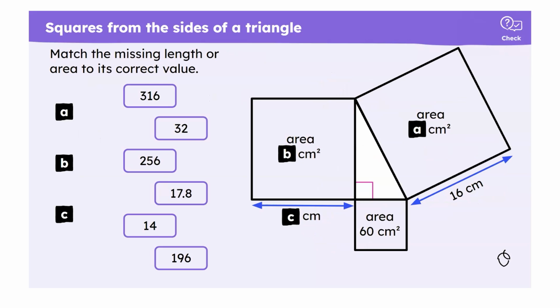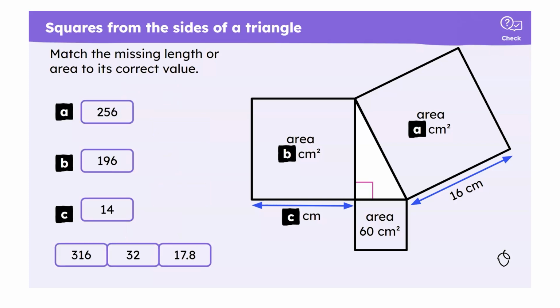For this check, in the order A, then B, then C, match the value to its missing side length or area. Pause now to look through all three parts of this question. For A, 16 squared is 256.